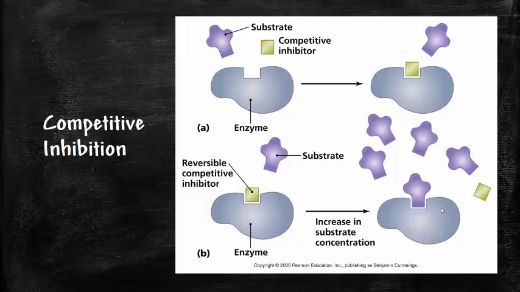If the inhibitor binds to the enzyme, it can be reversed by increasing the concentration of substrate. If the concentration of substrate is high enough, the enzyme inhibitor complex will return back to the inhibitor separate from the enzyme. At this time, the enzyme and substrate have an opportunity to bind and form the enzyme substrate complex.